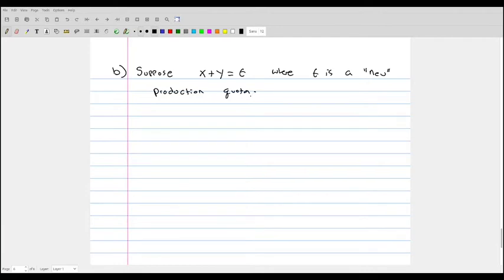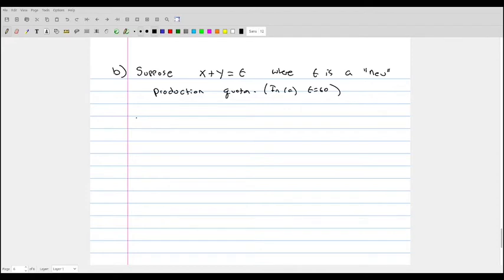What's going to change here? In part A, t was equal to 60. But what happens if t is a different value than 60, if we increase it a little bit or decrease it a little bit? And what happens is the following.